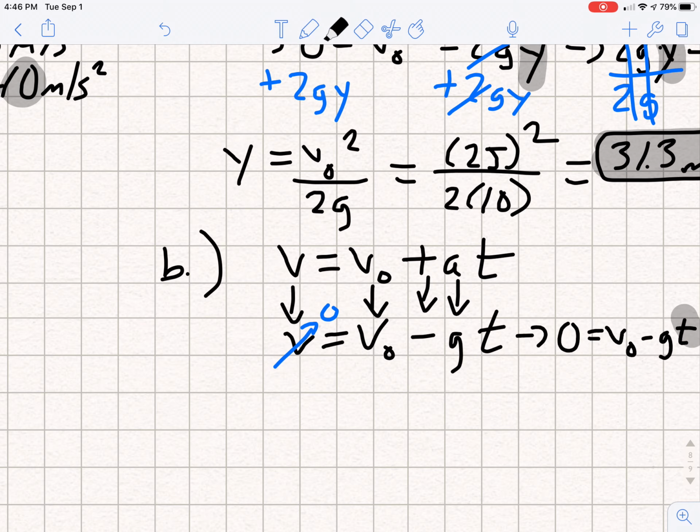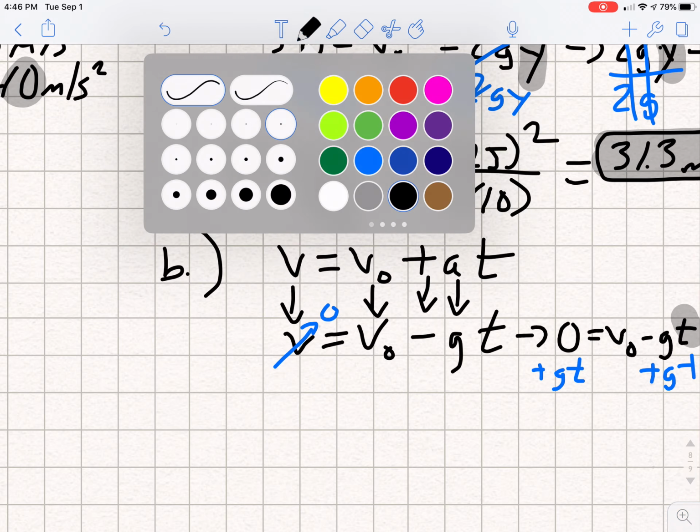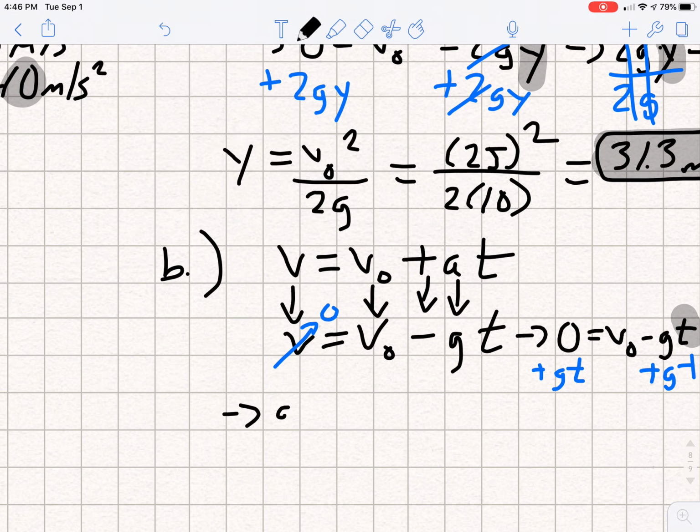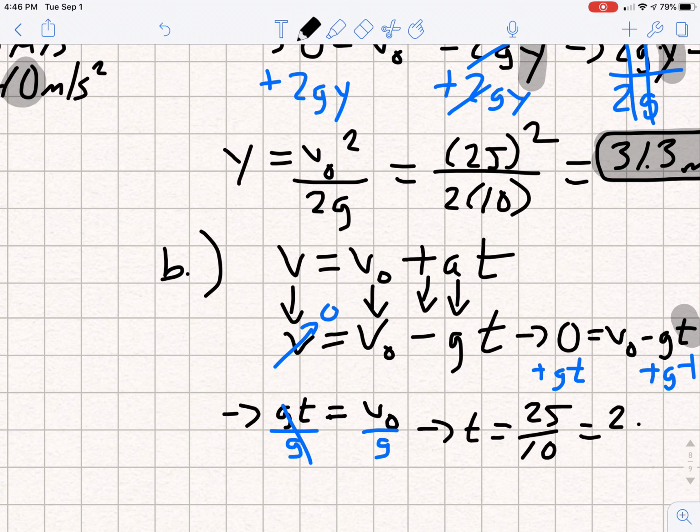We have to solve for t. We can start by adding gt over to the left. And if we rewrite this, we get gt equals v naught. Divide both sides by g. And time equals 25 over 10, which is 2.5 seconds.